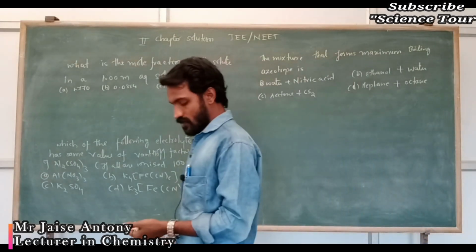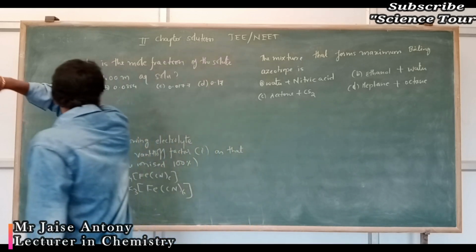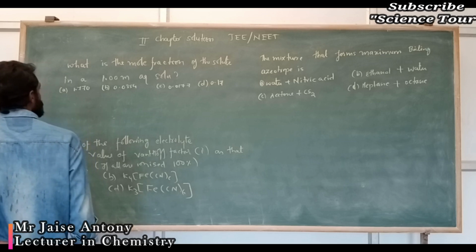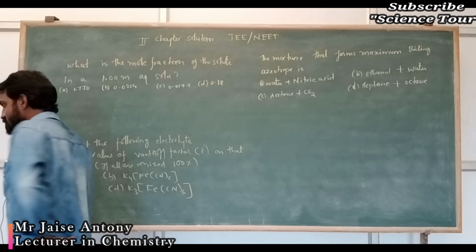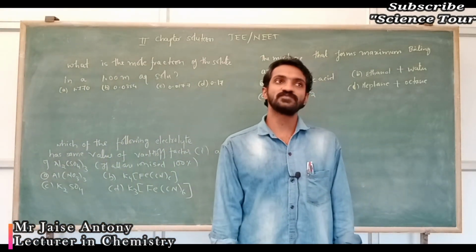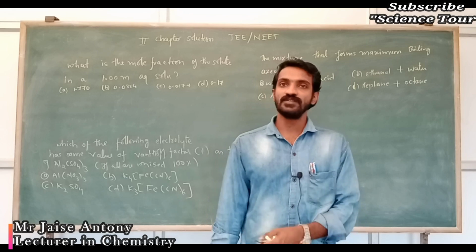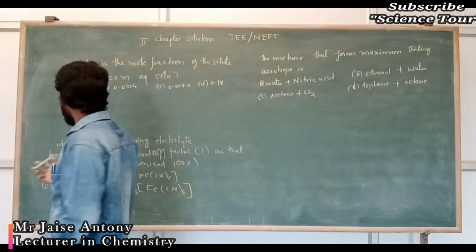Students, next question. What is the mole fraction of solute in a 1.00 molal aqueous solution? Molality means the number of moles of solute dissolved in 1 kg of solvent. So I will tell you an easy method to find this.